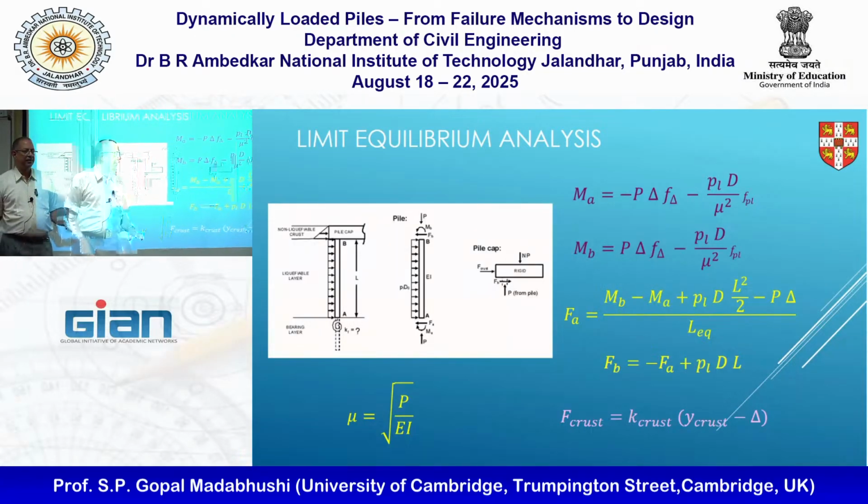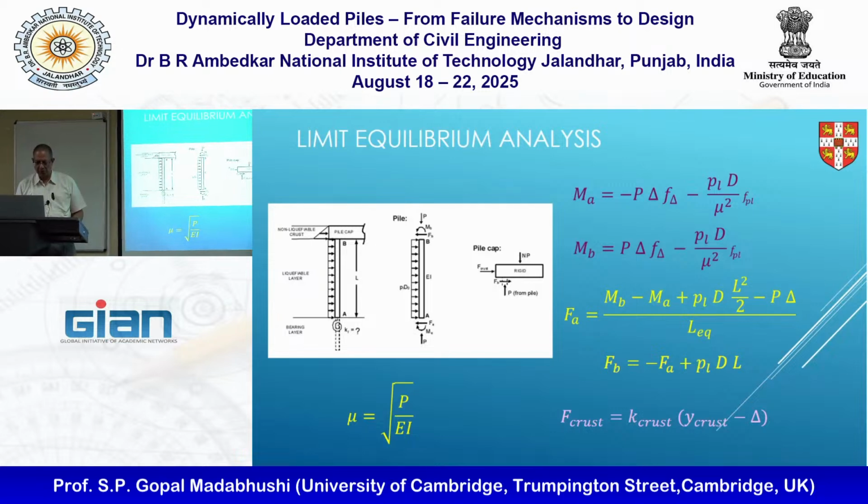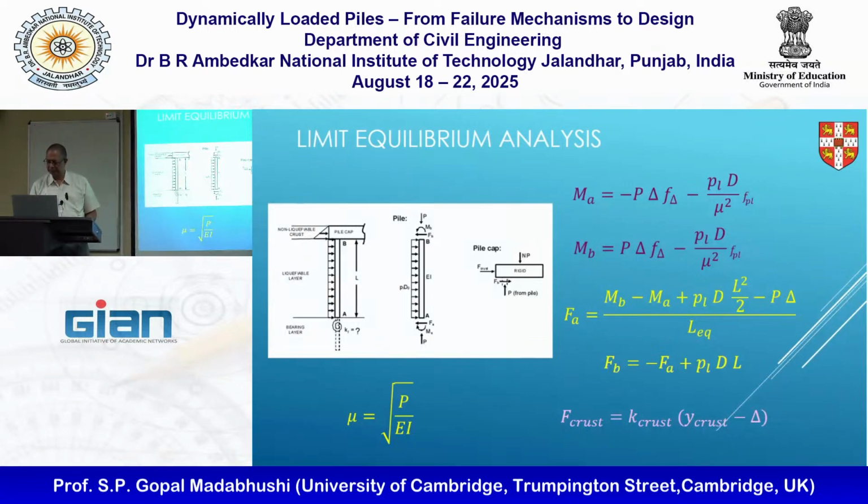So this kind of thing we can do very easily, right? Even if I assume some kind of trapezoidal distribution here, I can still adjust those equations to account for that. We know how to do forces acting on beams, something we learnt many years ago, and they're very easy to apply. For moment equilibrium, you can also simplify those equations by using mu, which is nothing but the square root of axial load over EI.